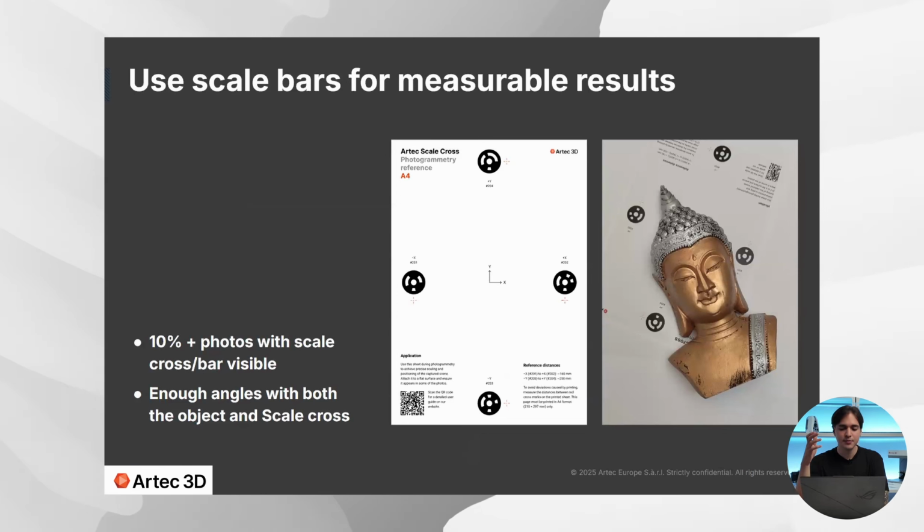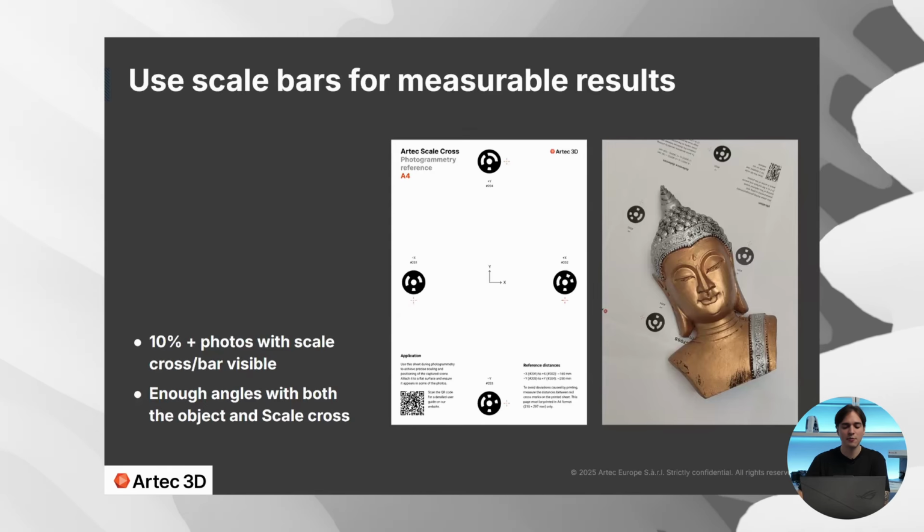Here is an example of using a scale cross. You don't necessarily need a metrological one if you don't need very high accuracy. You could actually print out our scale cross, which is shipped with Artec Studio in PDF format.